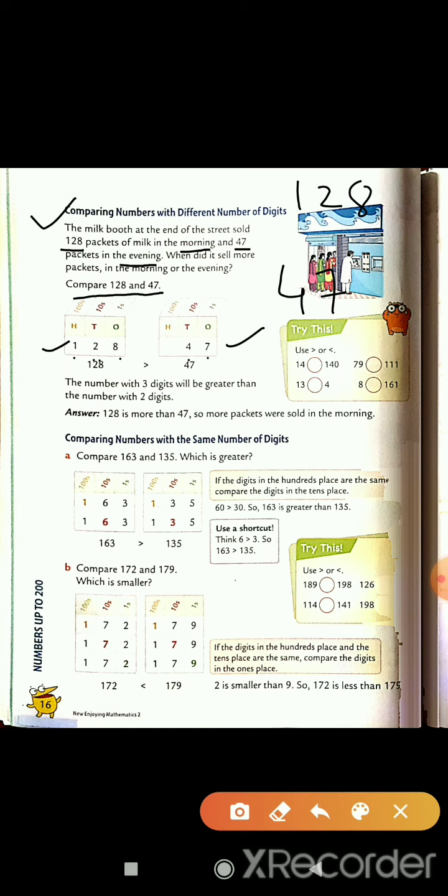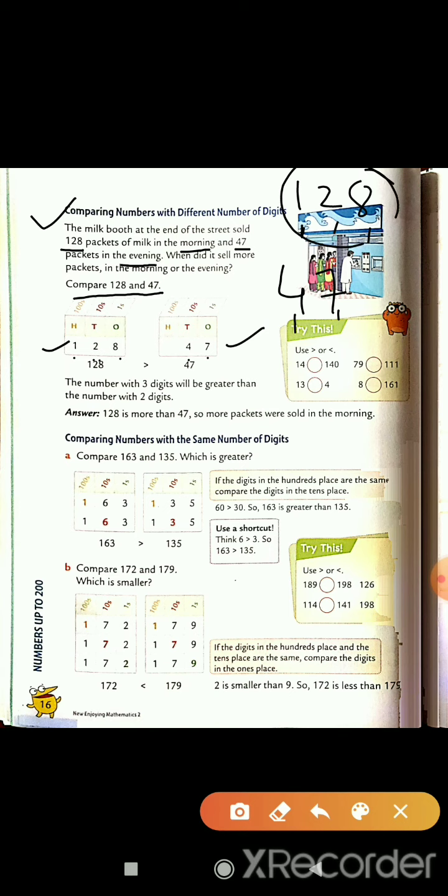So, here 128 has 1, 2 and 3 digits. How many digits? 3 digits. And the number 47 has 1, 2. How many digits? 2 digits. So which number is greater? 128.